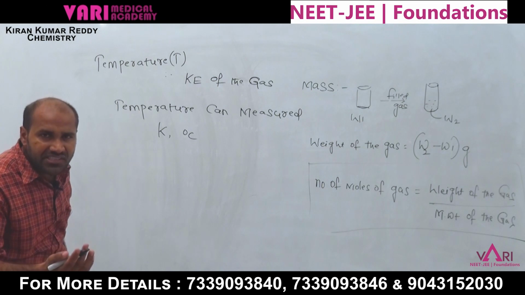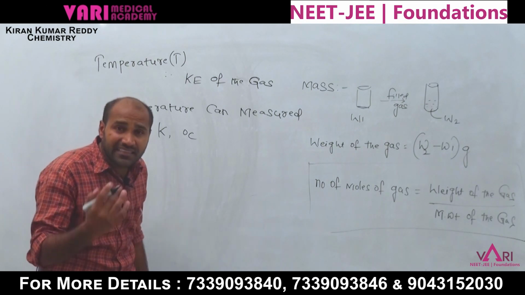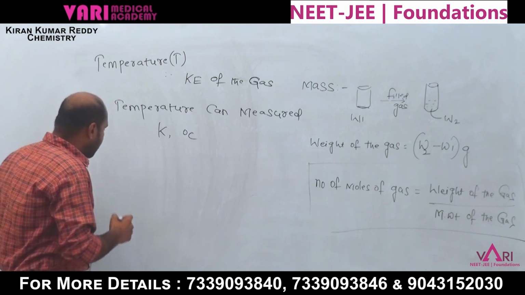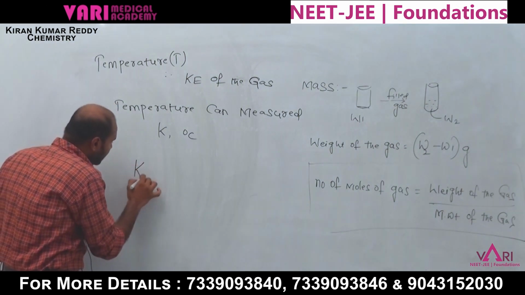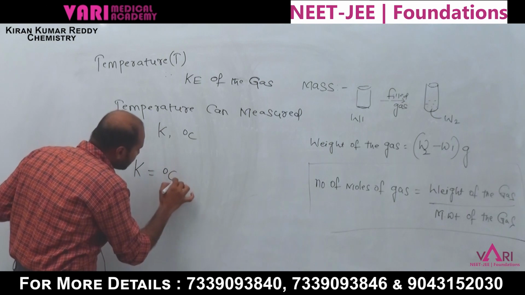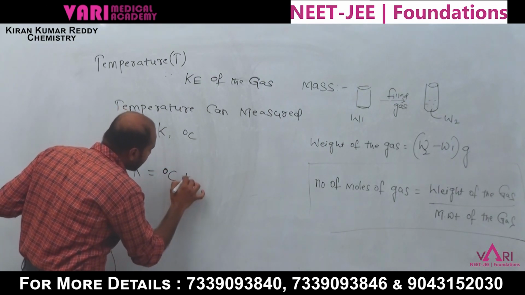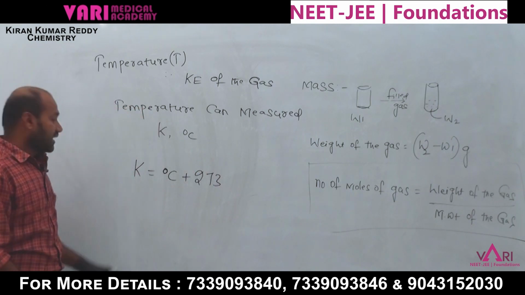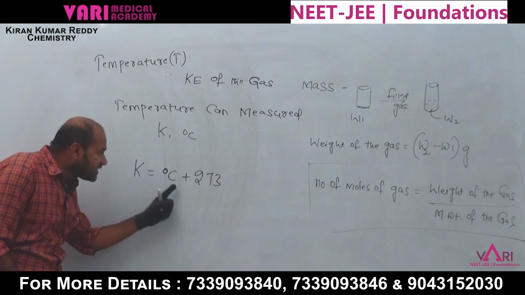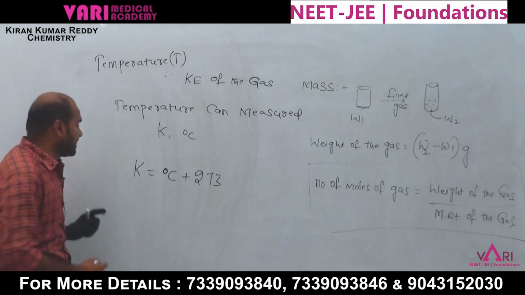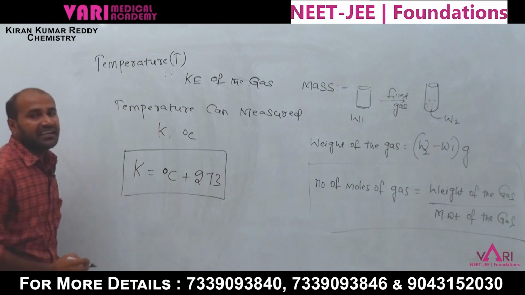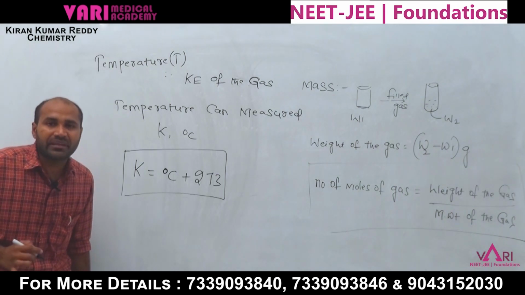Now what is the relation between degree centigrade temperature and Kelvin temperature? Kelvin is equal to degree centigrade plus 273. This is the relation between Kelvin temperature and degree centigrade temperature.